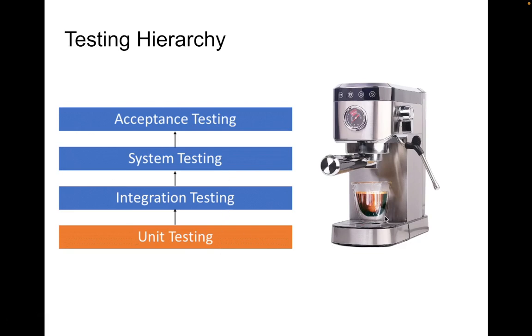So maybe it will be easier if we look at a coffee machine. A coffee machine has separate modules, right? It has a thermometer, or maybe this is pressure. Then it also has a water container. It has the beans container, and maybe it actually grinds the beans.